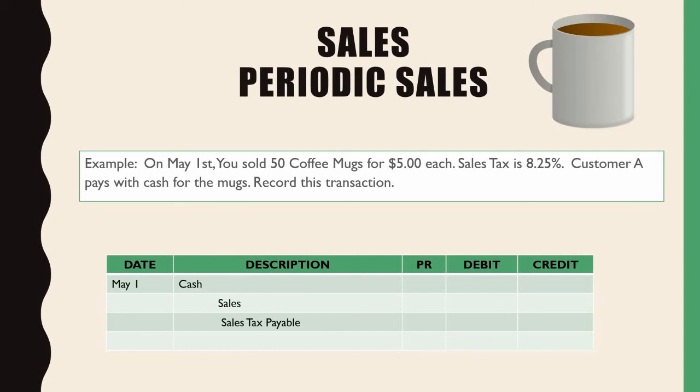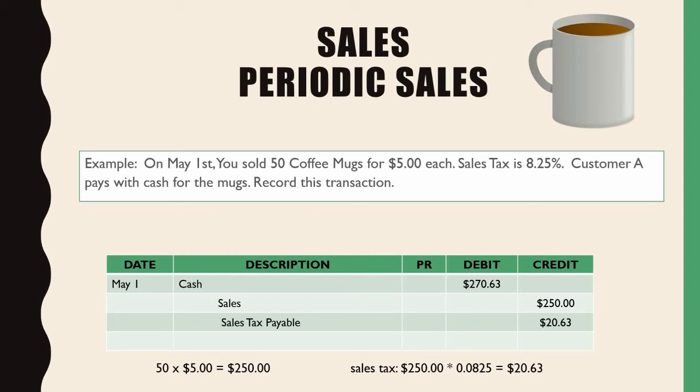All right, so in this case, we're going to recognize that we are receiving cash, because that's the initial transaction here. I sold a product, so therefore I'm increasing cash. I also sold something, so therefore I'm increasing my revenues. And exactly what you said here, we're going to take our 50 coffee mugs and multiply them by $5 to get $250.